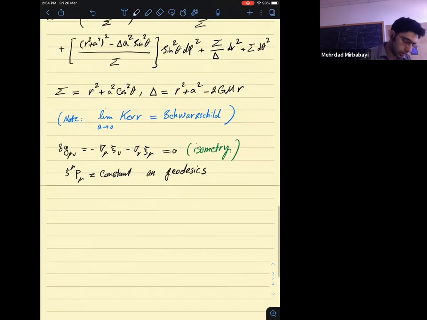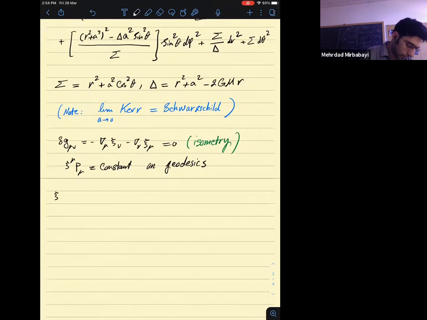Now, in particular, say xi mu is just the generator of time translations. So xi mu is just dt, so it is 1, 0, 0, 0. Then maybe I use the other name, chi.